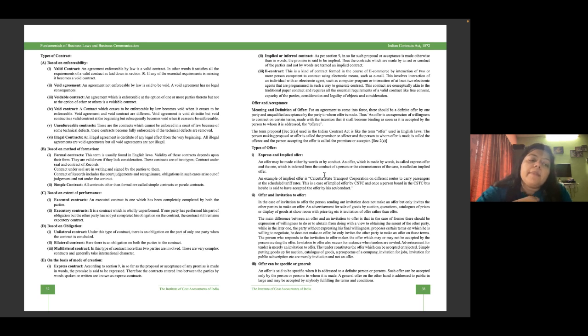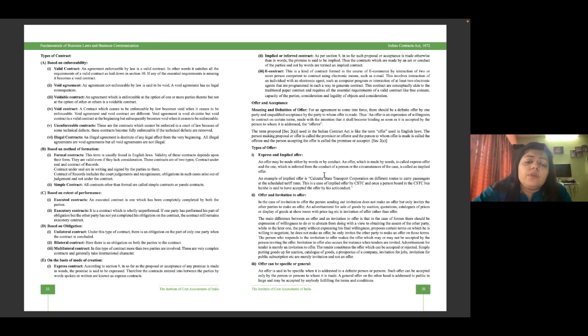So based on the method of formation, a formal contract is a contract which is used in English law. So validity of these contracts depends on the various forms. So they are very valid and effectively running, even if there is a lack of consideration in such contracts.